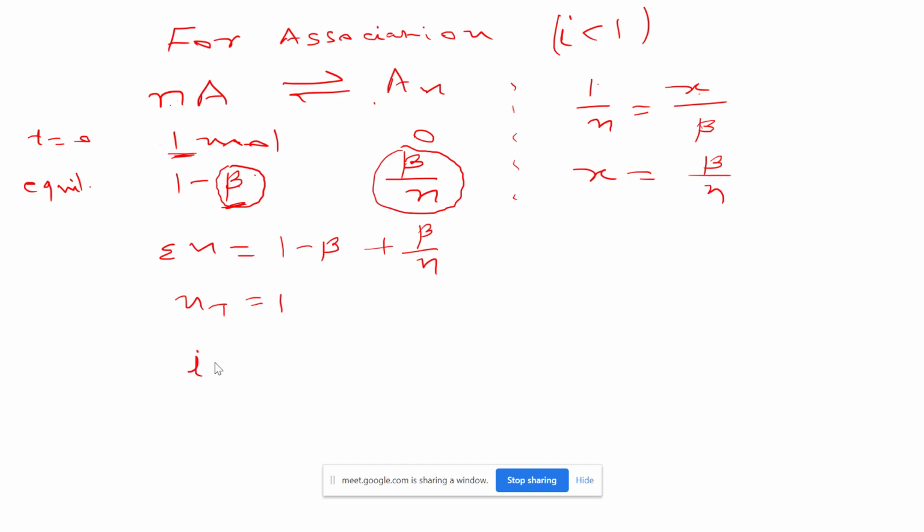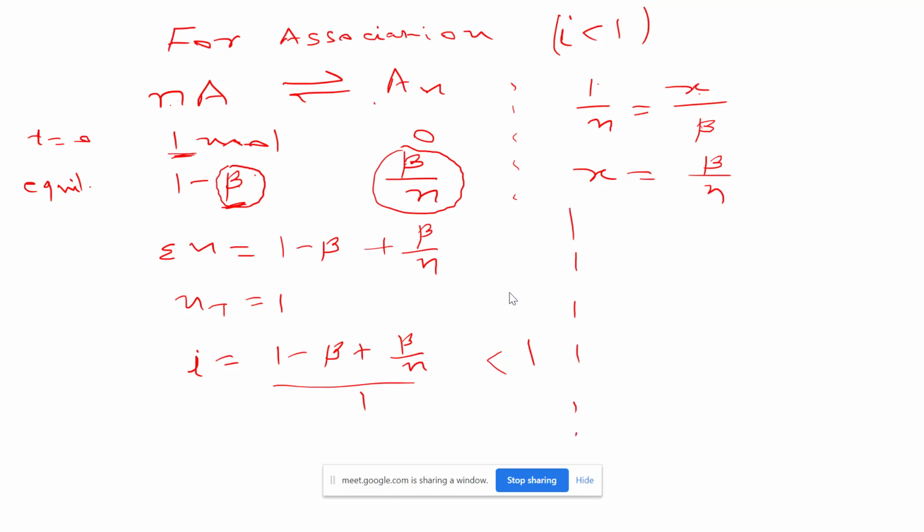So i will be equal to sigma n upon 1, so 1 minus beta plus beta by n, upon 1. This is the value we get for i. Out of 1 mole, some moles are subtracted, so this will come less than 1, and we say that for association it should come less than 1.